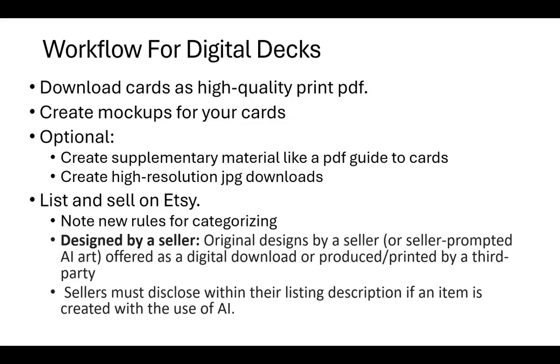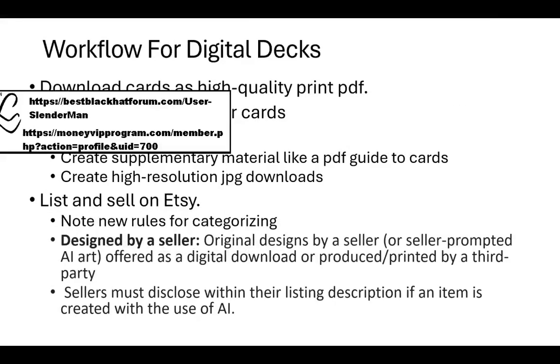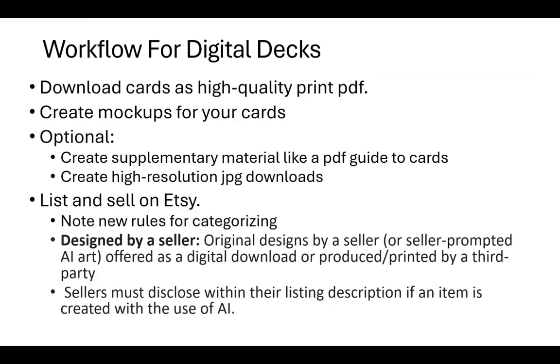And if it is something you decide to do, AI text generator tools like ChatGPT can help you put together some of the content that you would need for that, like expanded card meanings and things along those lines. Now, you can also create high-resolution JPEG downloads as well if you want to provide those to people.